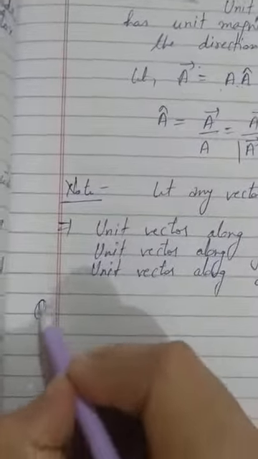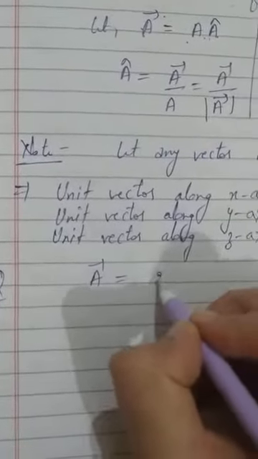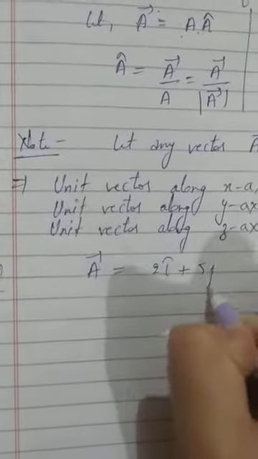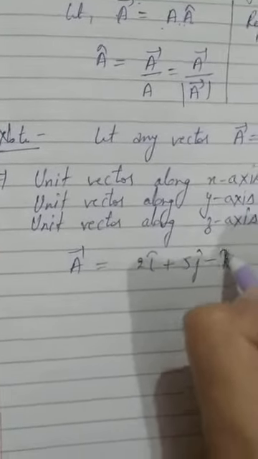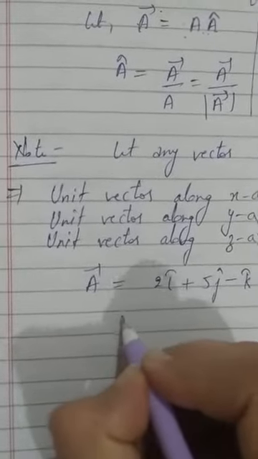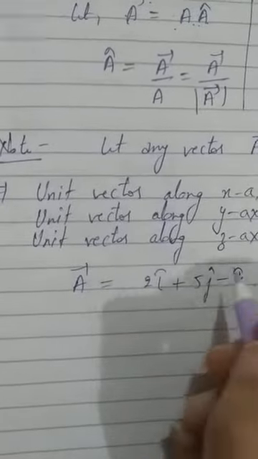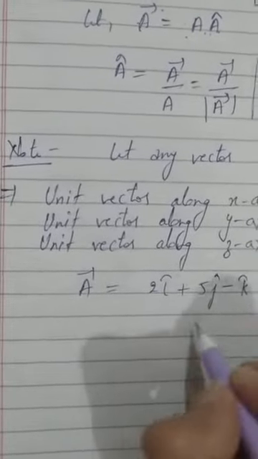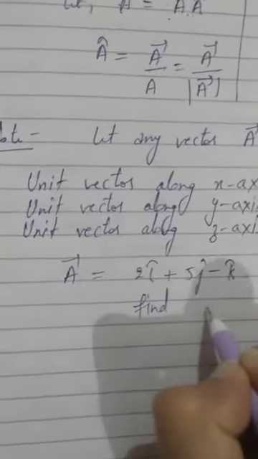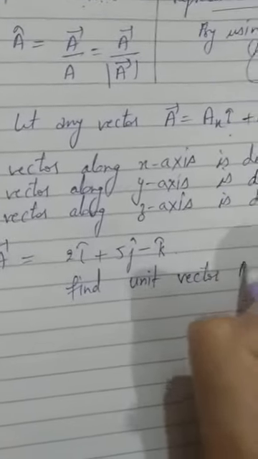Now one question is given: a vector equals 2i cap plus 5j cap minus k cap. From this equation, find the unit vector a cap.